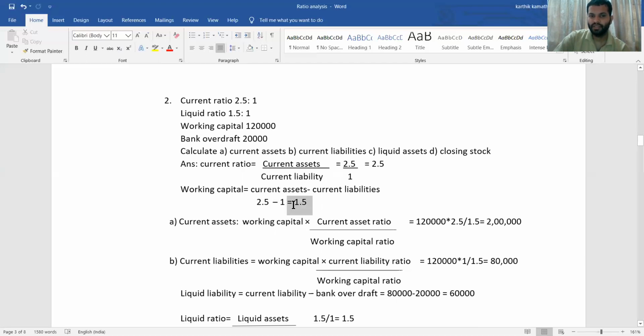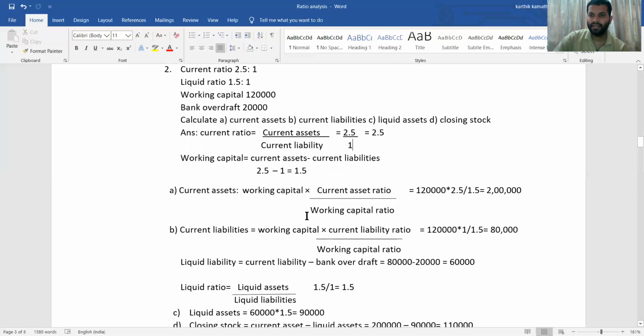See, here we have got 1.5. So if you divide by 1.5, you will get 2 lakh as current asset. Similarly for current liability: working capital into current liability ratio divided by working capital ratio. Here we are taking working capital ratio as a base.